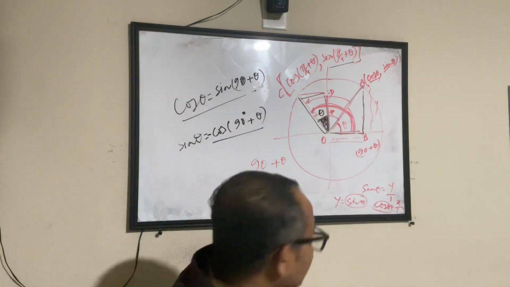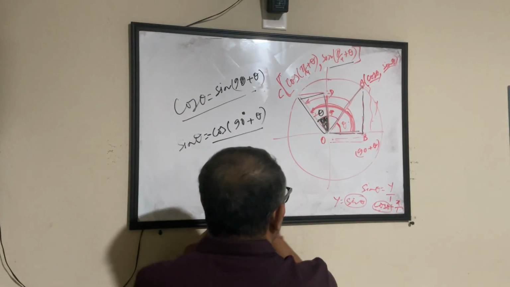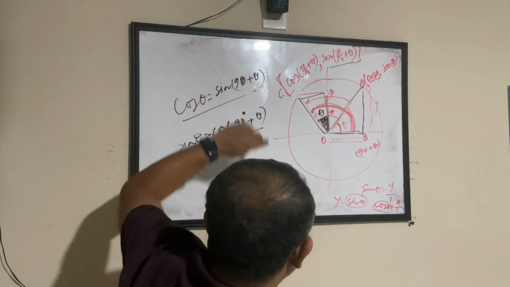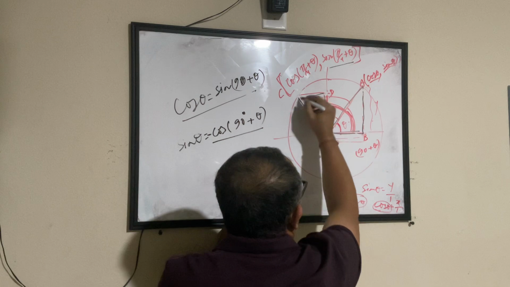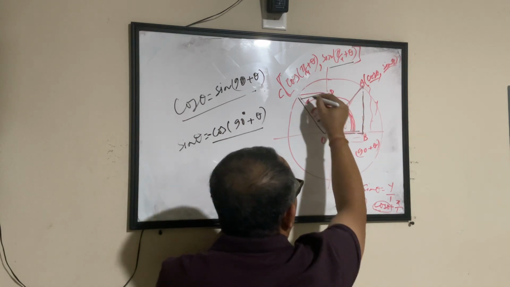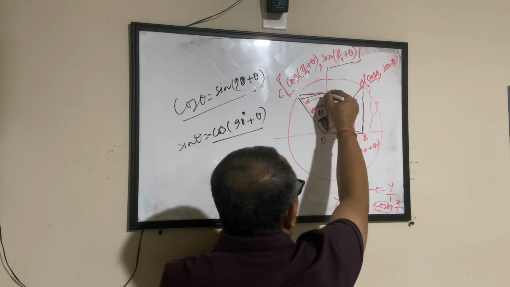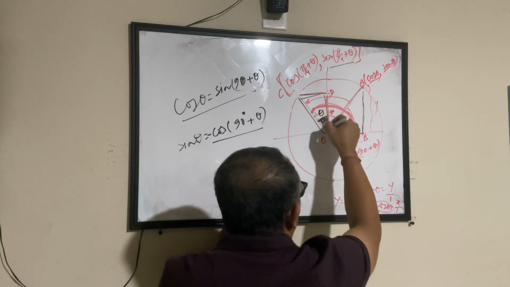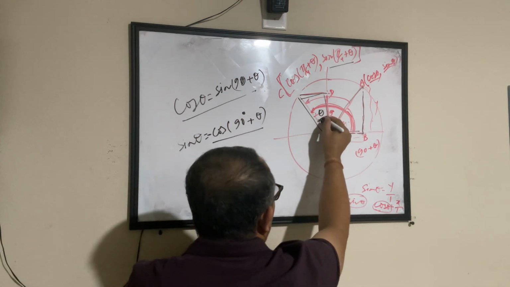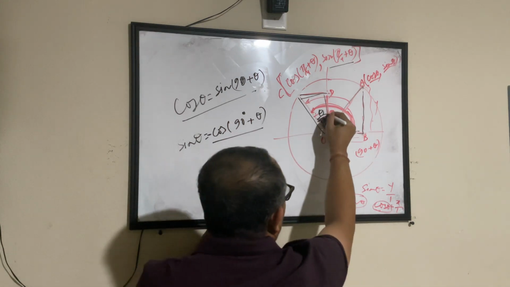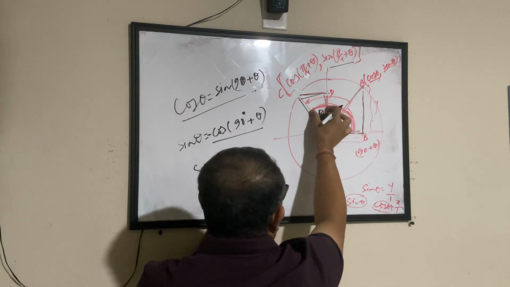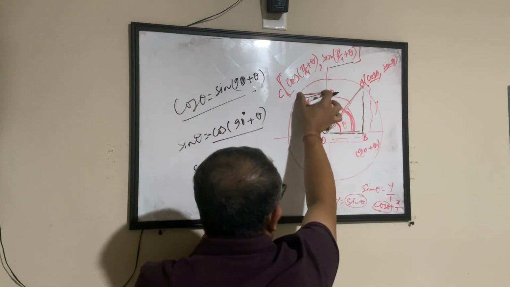Now you look at another correlation here. Forget about whatever we have written here. Let it be. Now look at this triangle. This is theta, and this is my x coordinate. This is my y coordinate. So here, if I look at the sine theta value, sine of this theta equals this value.